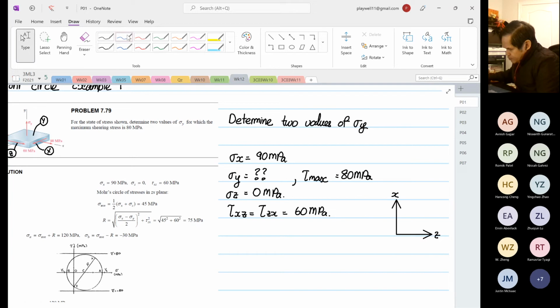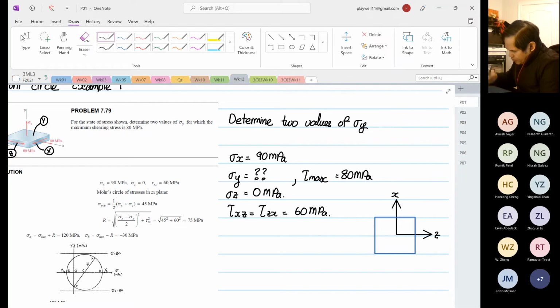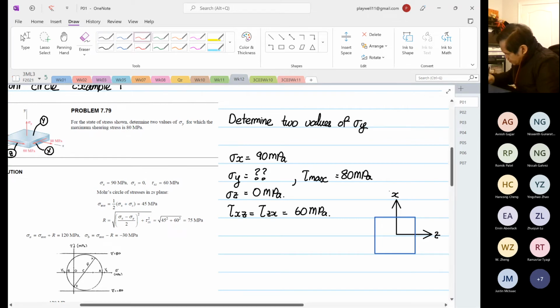Then if I were to superimpose an element over here, this is where we have our 90 megapascal, the X. And over here, this is where we have our shear of 60 megapascal.